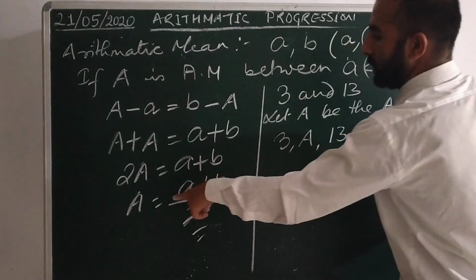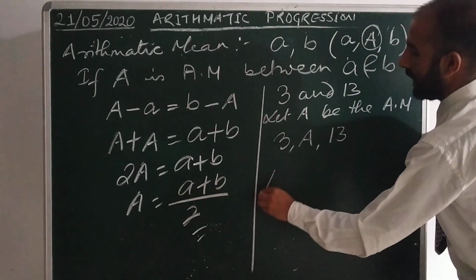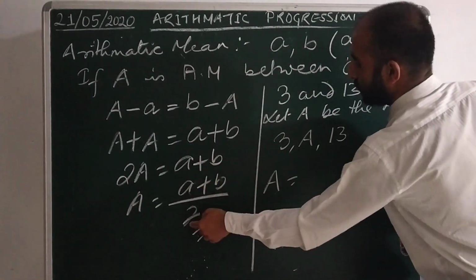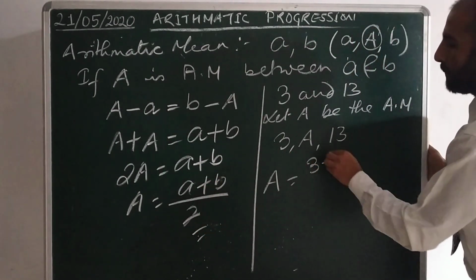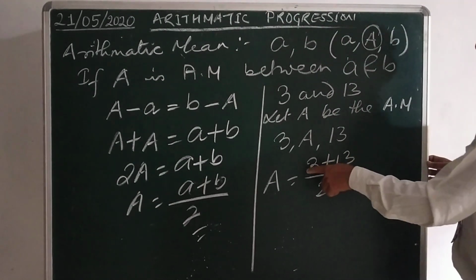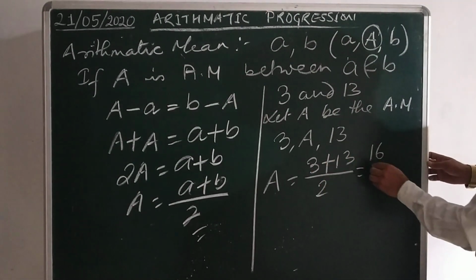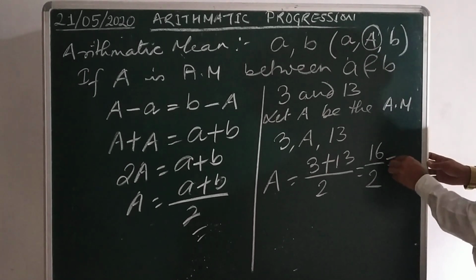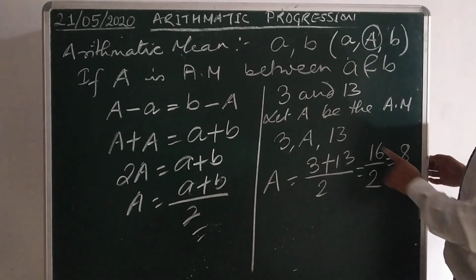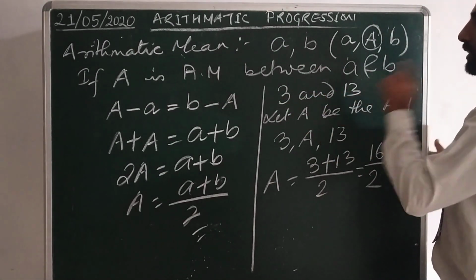That means, according to this formula, what will be the value of A? See here, a plus b by 2. That means 3 plus 13 by 2. That will give you 3 plus 13, 16 by 2. That means 16 by 2 will give you 8. That means 8 is the arithmetic mean between 3 and 13.